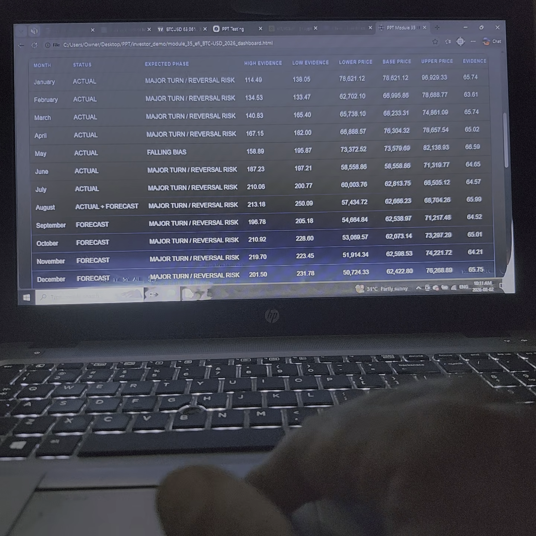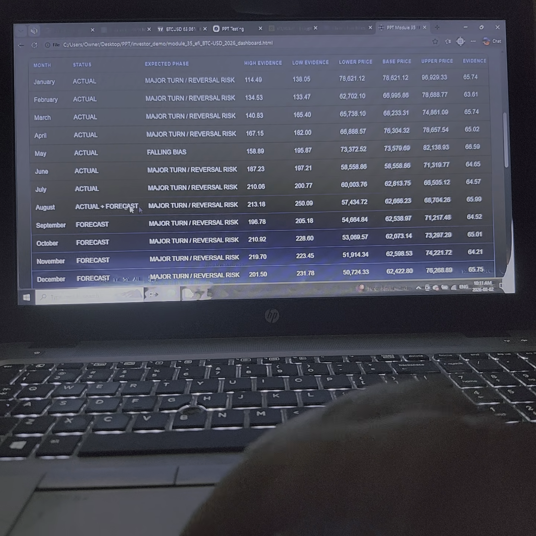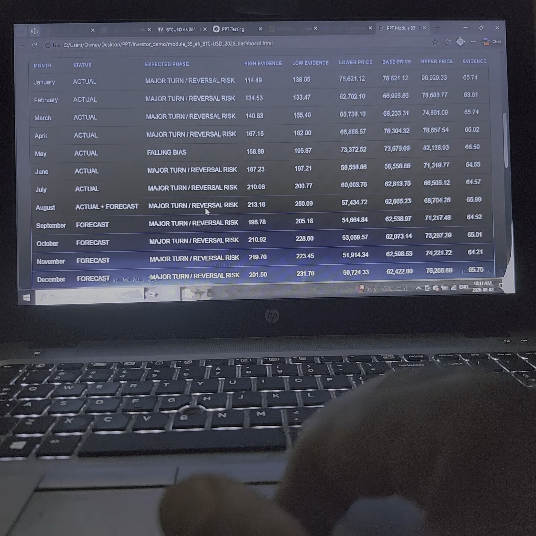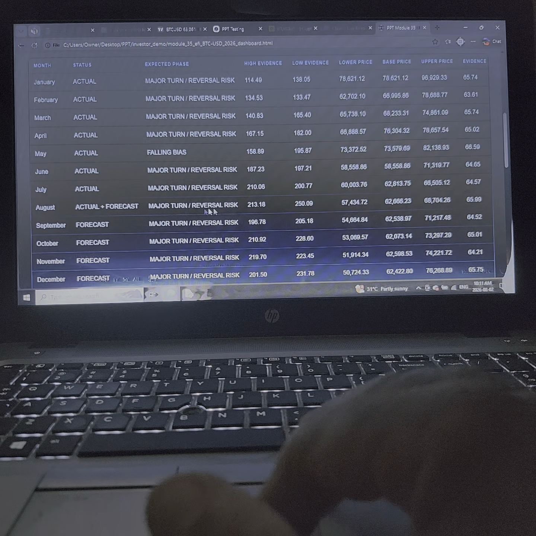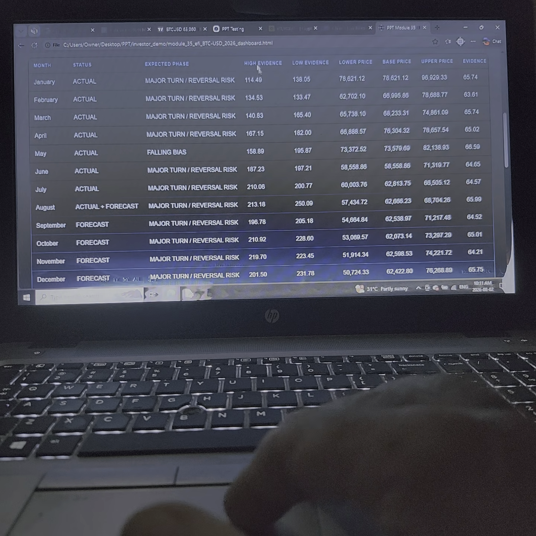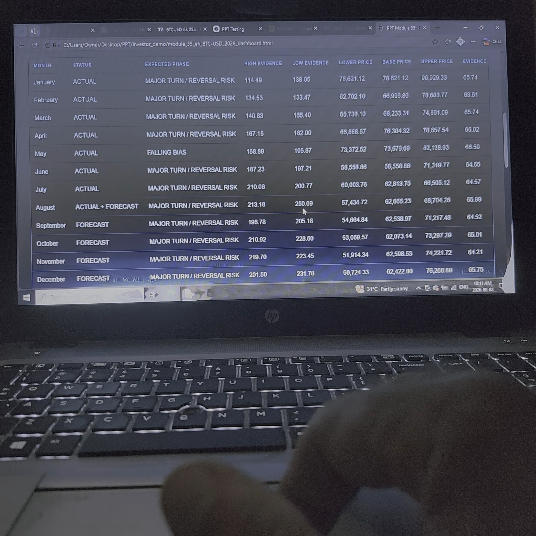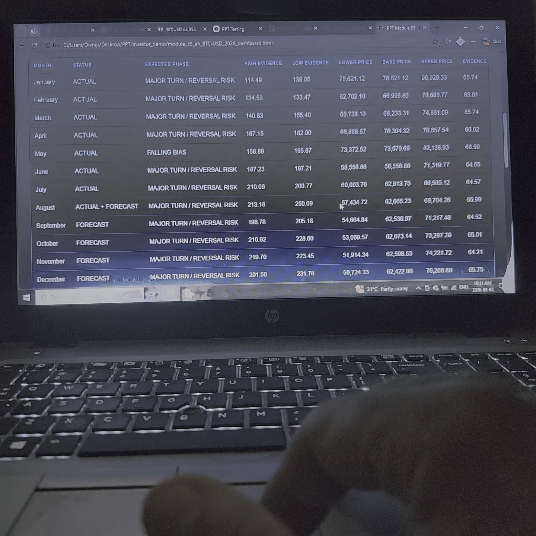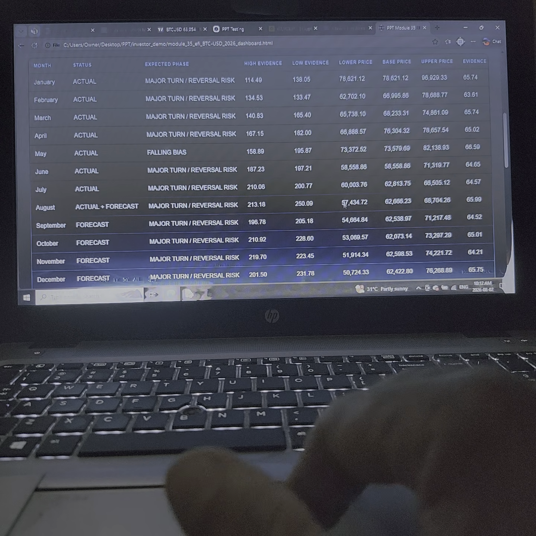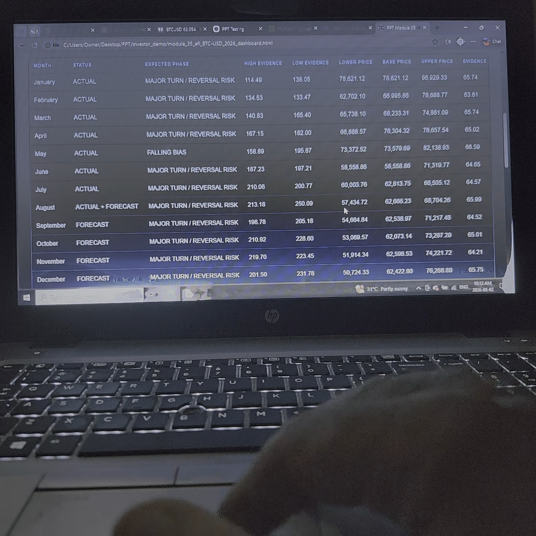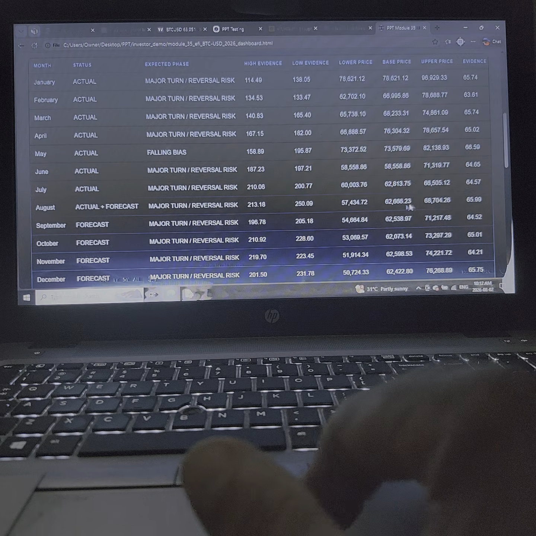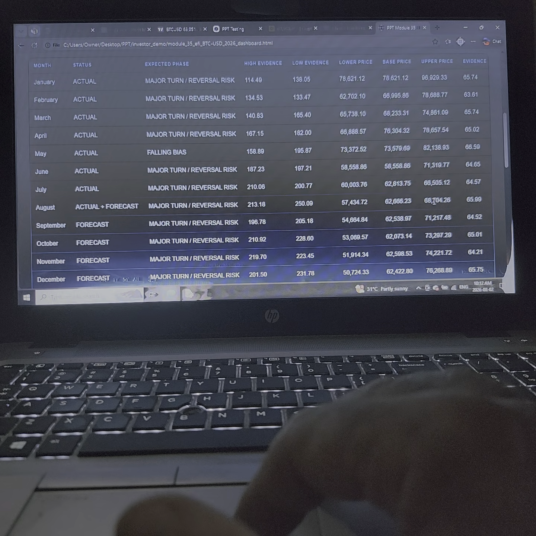It signals to us that this month is calling for a possible major turn and reversal risk. And we have the high evidence and the low evidence for something like that to take place. It also states that in August we could see a low of 57, a median of 62, and an upper level around 68, hovering under 70K.